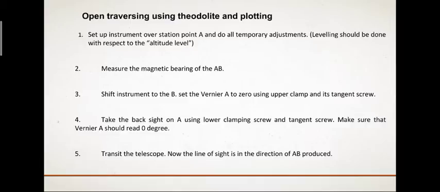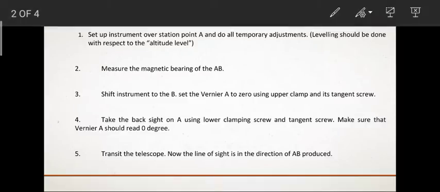I will show you how we are going to do that. Just understand here. You are going to bisect the point A, and then you have to turn the telescope by 180 degrees in the vertical plane, not in the horizontal plane, in the vertical plane, right. You are going to turn it opposite direction, and then you are going to take a deflection angle like this.